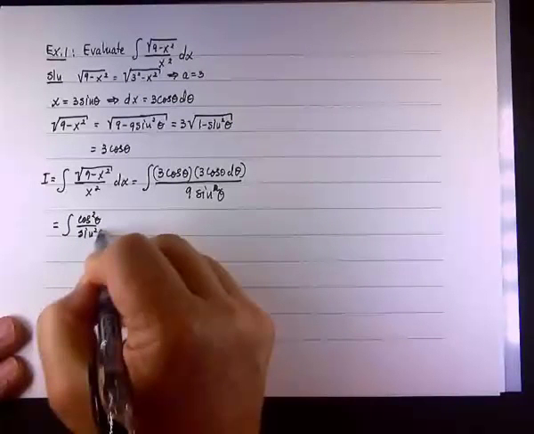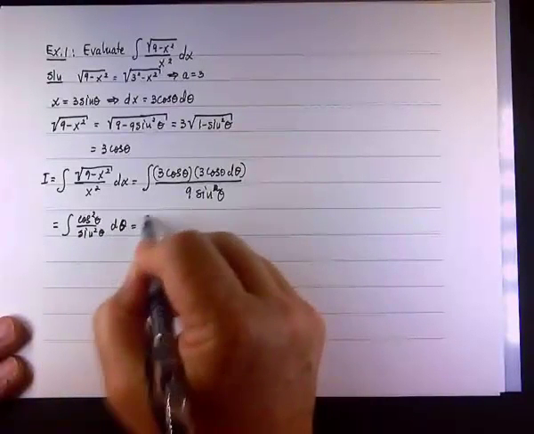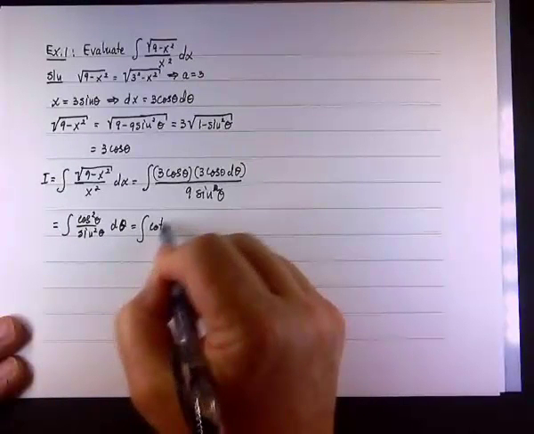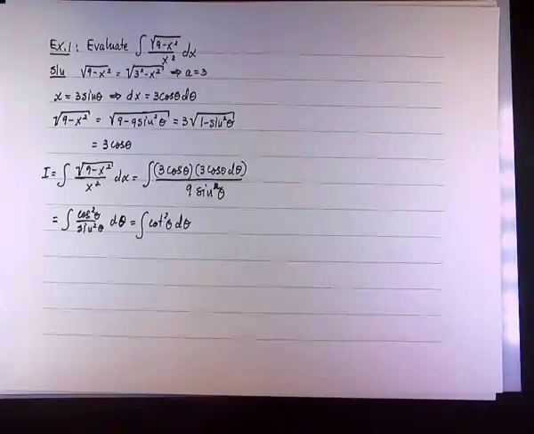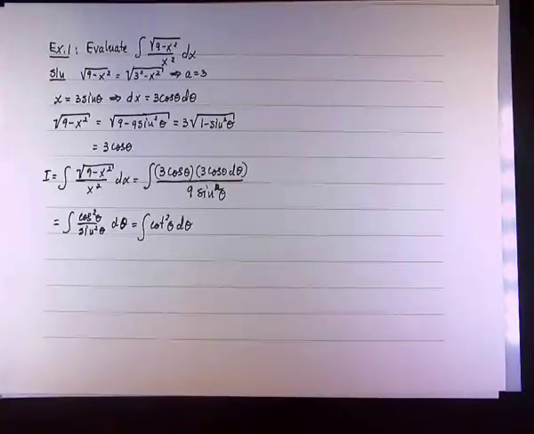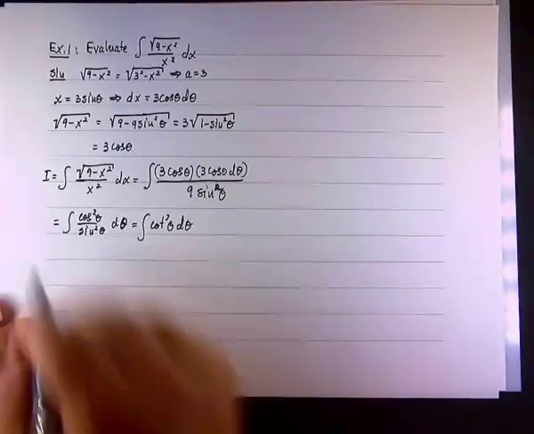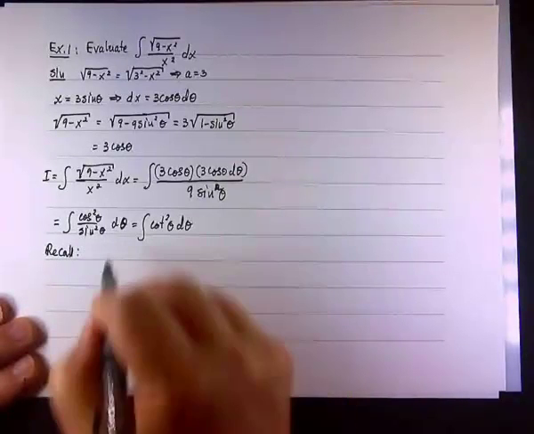We end up having cosine squared over sine squared d theta, or the integral of cotangent squared d theta. Did we do the cotangent squared on Tuesday? If not, time to use our arsenal of trigonometric identities.